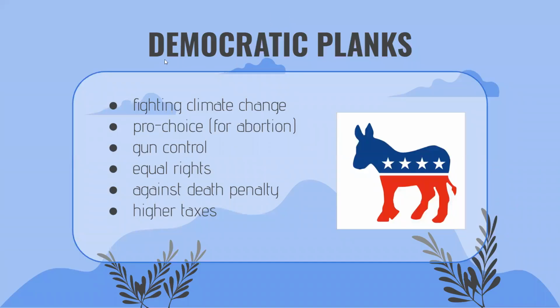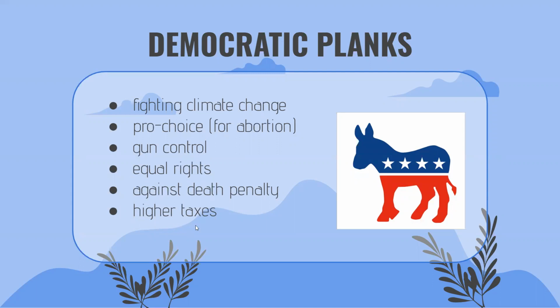So this is the Democratic planks. A plank is like what they are currently trying to fight for. So the Democrats are fighting for climate change, pro-choice, they're for abortion, gun control, so to limit gun use in the U.S., equal rights. They're against the death penalty, and they generally have higher taxes.